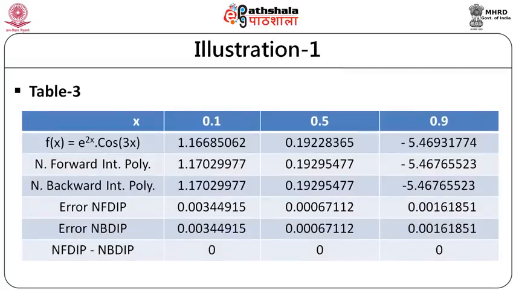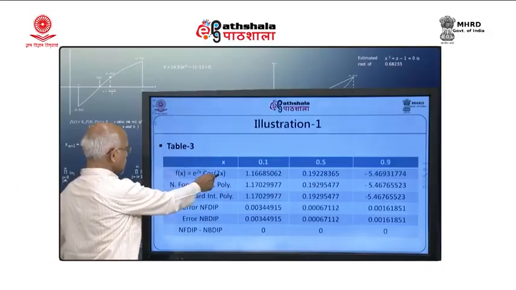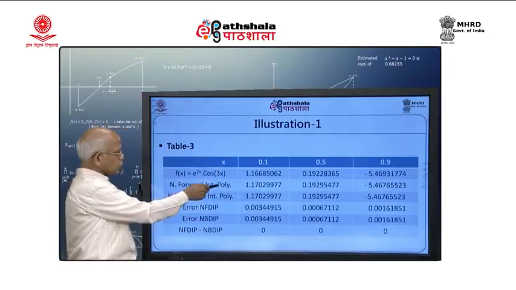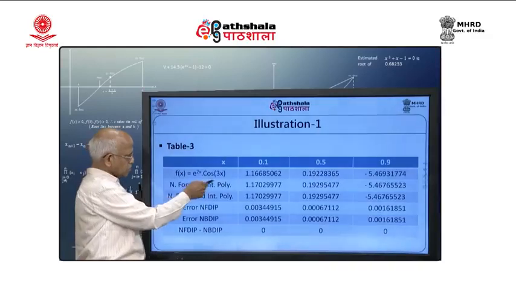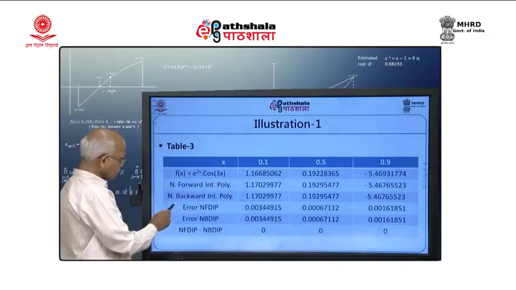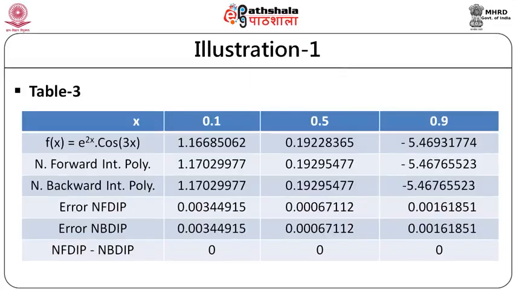So, table 3 gives me the comparison. You can see here x is given here, f(x) is given here, the values computed by Newton's forward difference interpolating polynomial are given here, and the values computed by backward difference are given there, then the error.